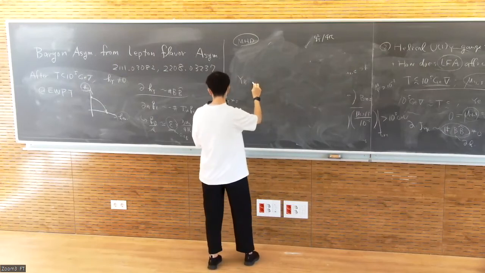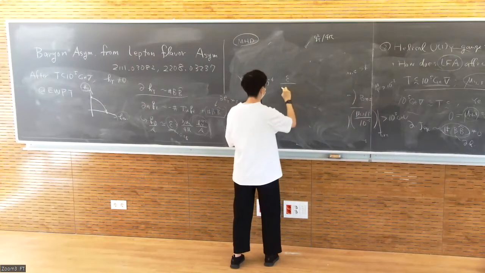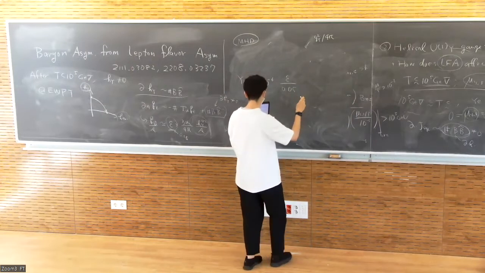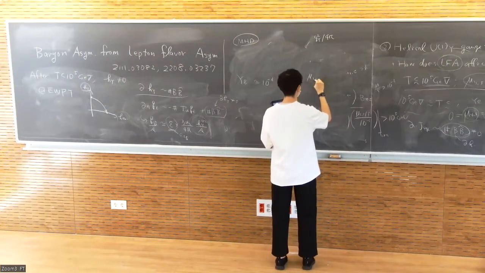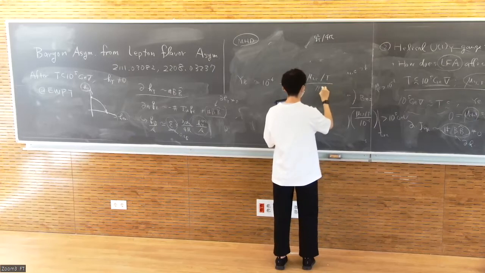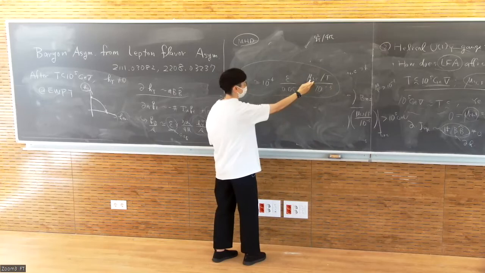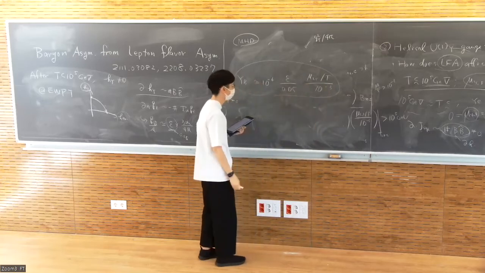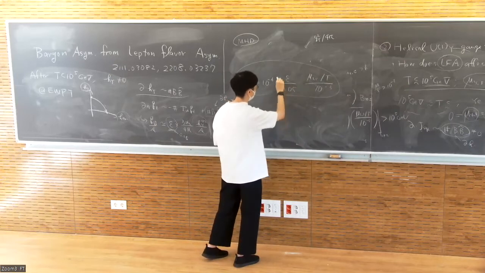Just write down the final expression. So this is it. You can see that if you have mu5 over T of order 10 to the minus 3, you overproduce baryon asymmetry, for this choice of the conversion factor.